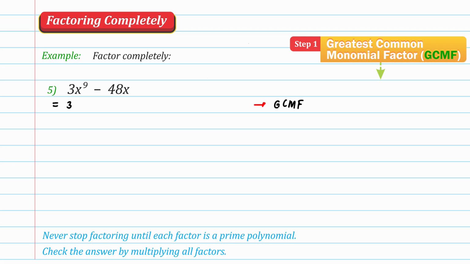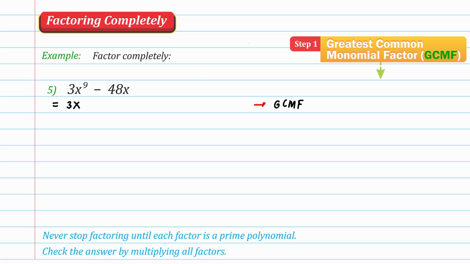Literal coefficients next. We look at x to the 9th and x. X has an exponent 1, of course. The common factor is the term with the lowest exponent, which is x. So, our GCMF is 3x. Let's factor that out.